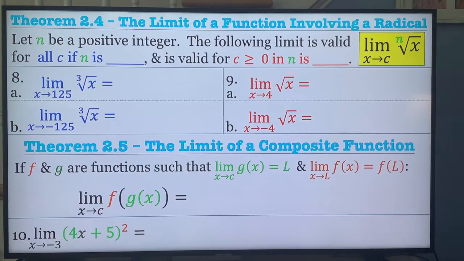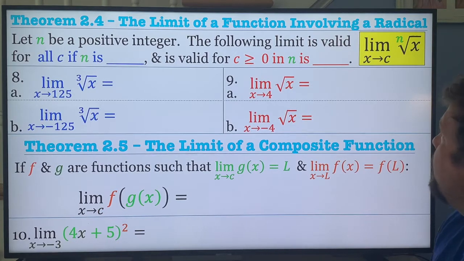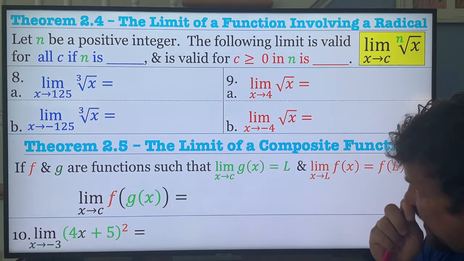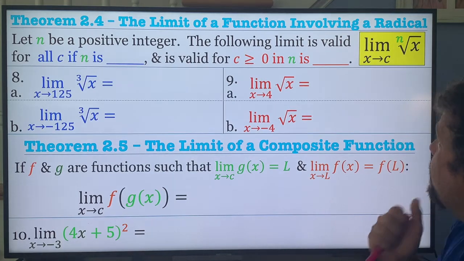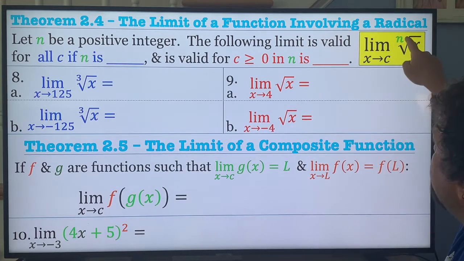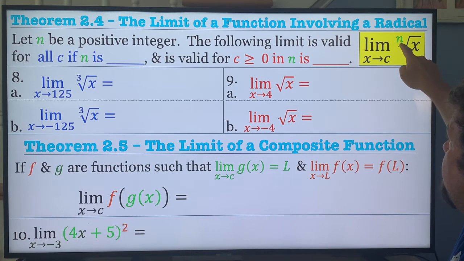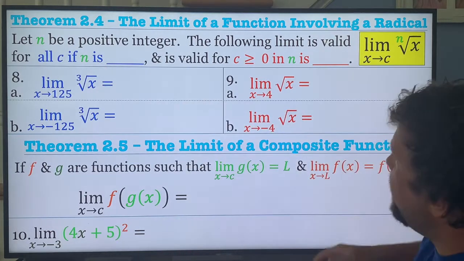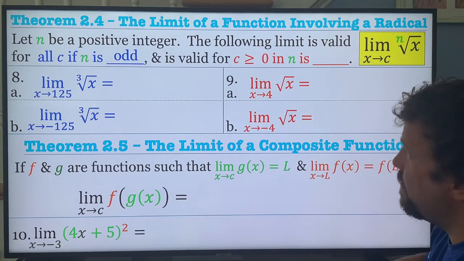Not yet. Now, the limit of a function involving a radical. Want more rules? Love rules. So n is a positive integer, okay? The following limit is valid. If it's negative, it's 1 over that, so it changes a lot of stuff. So for all C, n is odd.